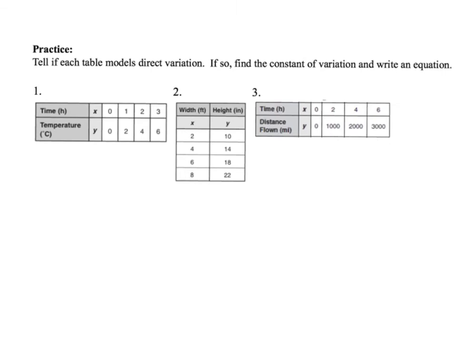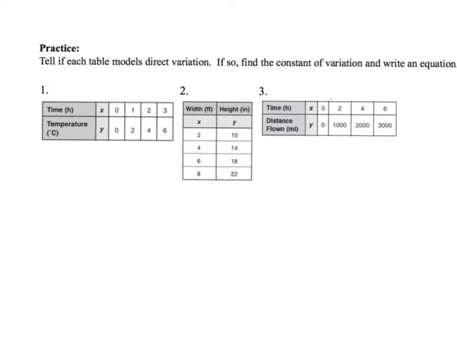Alright, so tell if each table models direct variation, and if so, find the constant of variation and write an equation. That constant of variation, remember, is k. Remember, the equation that shows direct variation is y over x is equal to k, and y is equal to kx.